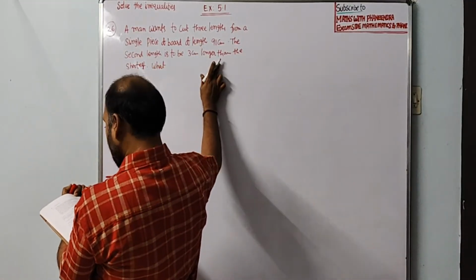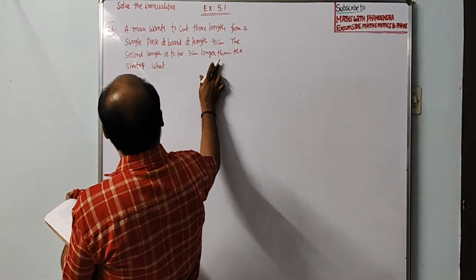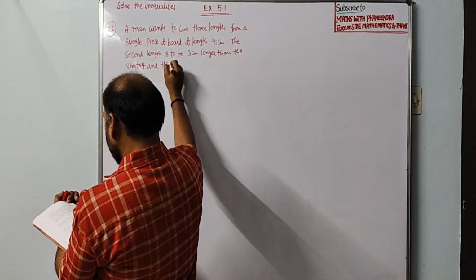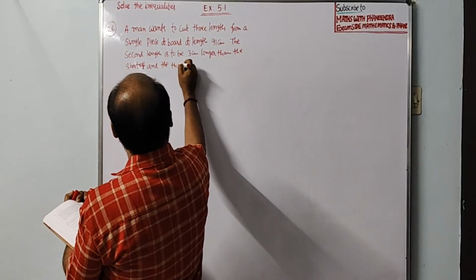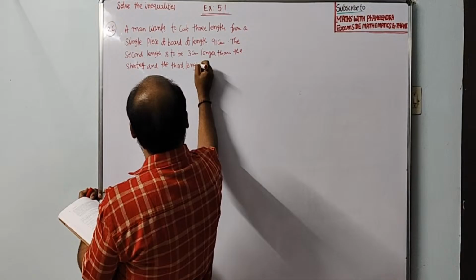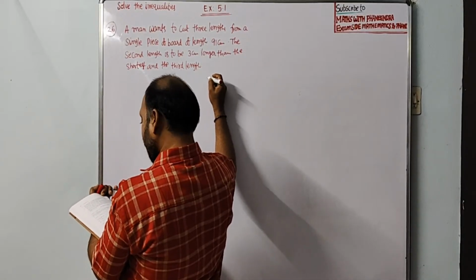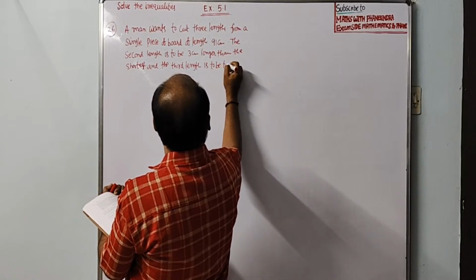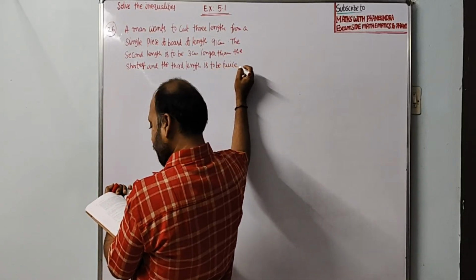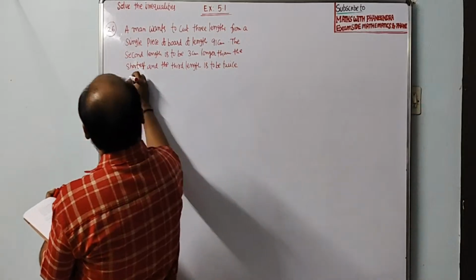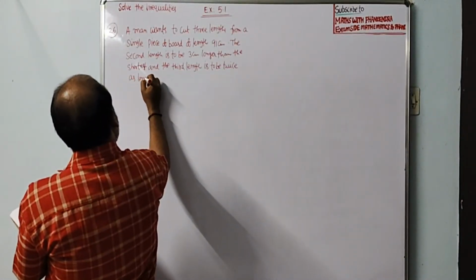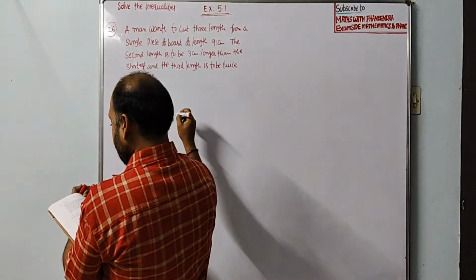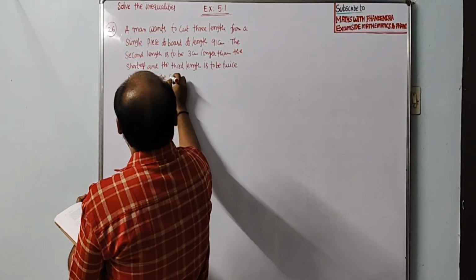3 centimeter longer than the shortest, and the third length is to be twice as long as the shortest.